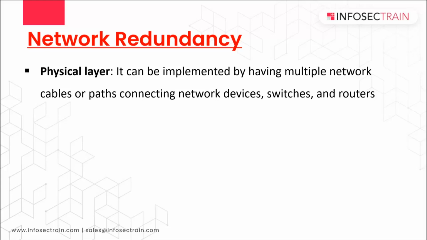This ensures that if one cable or path fails, data traffic can automatically be rerouted through the redundant path. Redundant power supplies, cooling systems and other hardware components can also be implemented to ensure the availability of the network infrastructure, right?